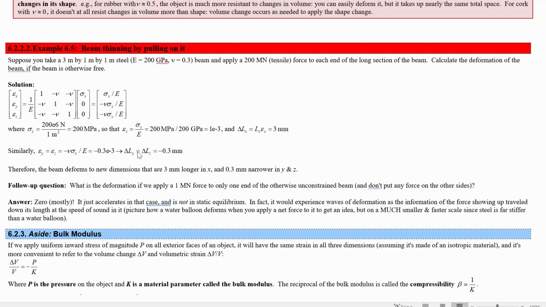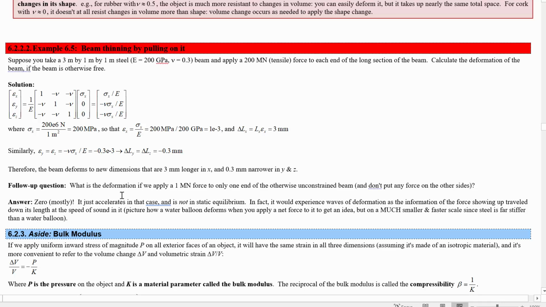With the length being only 1 meter in those dimensions, that means we've got 0.3 millimeters of compression in the other directions. So this beam, when you hang your 10,000 cars on it, will be 3 millimeters longer in x and 0.3 millimeters narrower in y and z, if you can make that force apply in a uniform way.